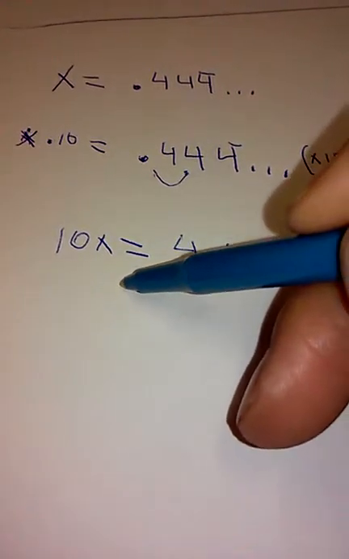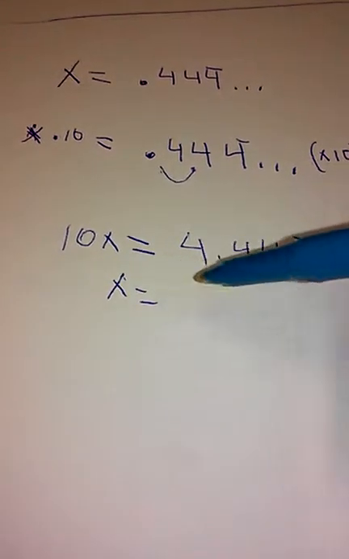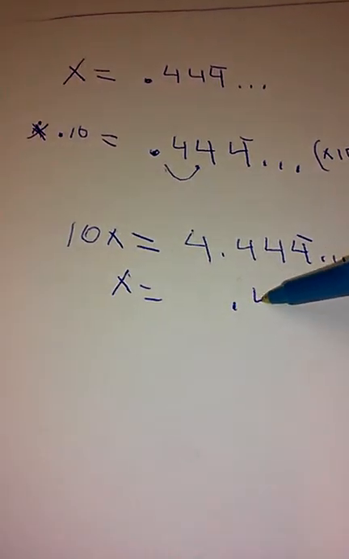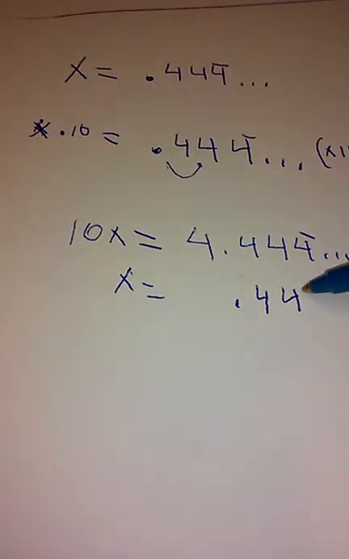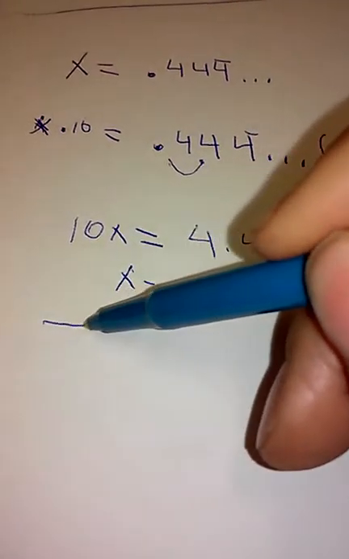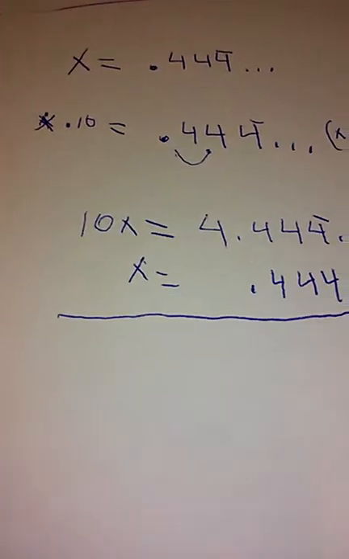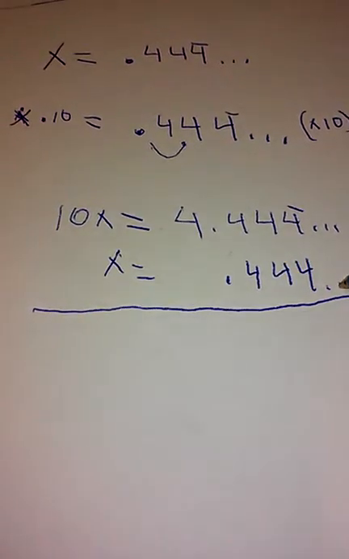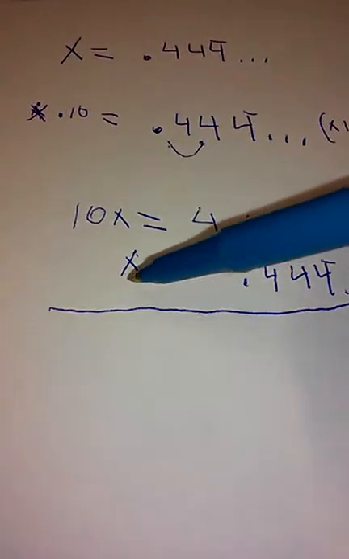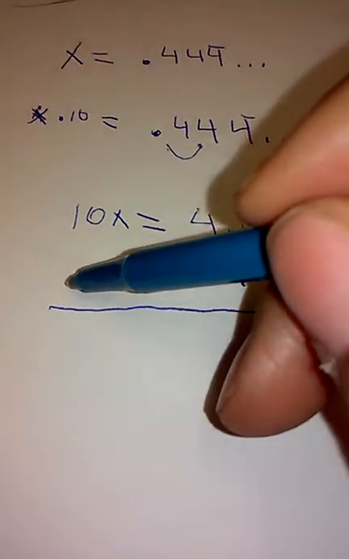The next step, we're going to subtract this x equals 0.444 from this here. So then we'll say x is equal to 0.444 repeating forever. You have to know that there is a 1 here.